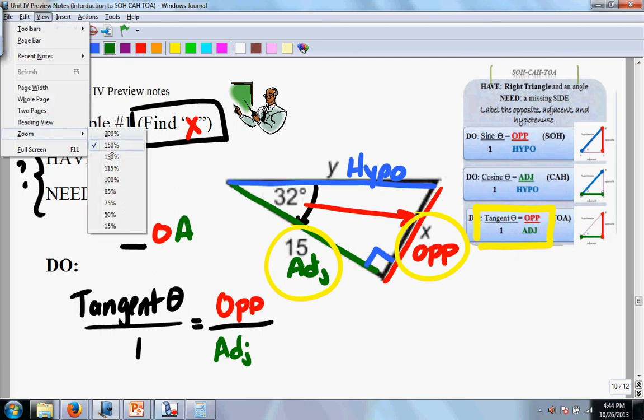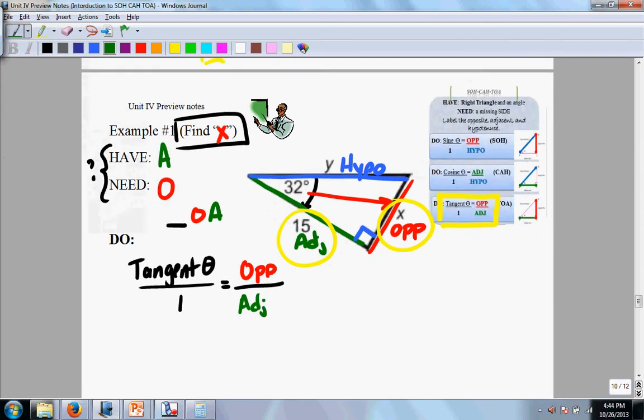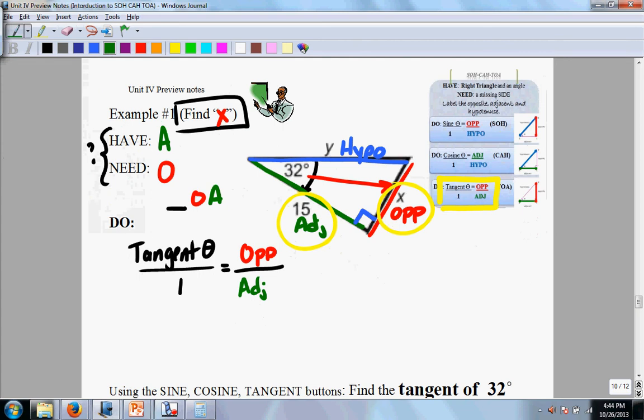Okay, step 2. Now that you've done have, need, do, now we do circle, plug, chug. Very carefully, very slowly. Follow along with me. Tangent of theta. Well, our theta is 32 degrees. So we write it like this.